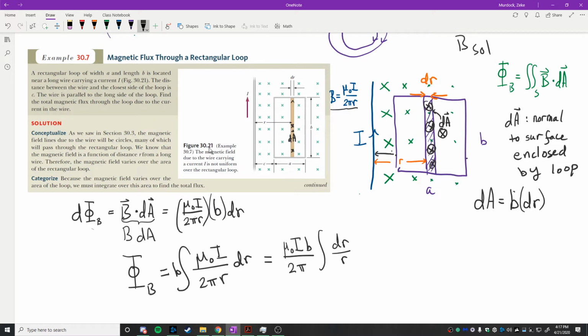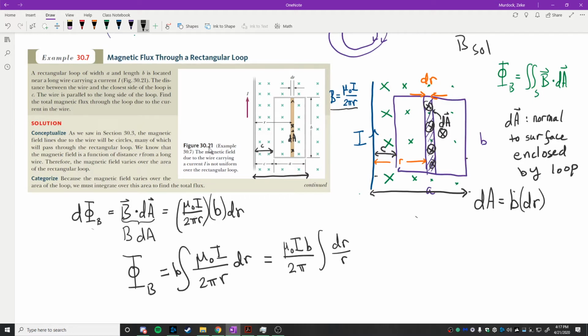The lowest value of r would be this distance right here, which is called c. The highest value of r is going to be this distance. What is that? This is the left edge, right? What's the right edge? What's the r value going to be from here to here? That's c, right?